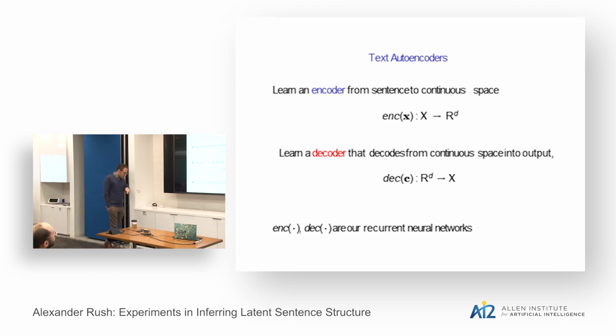OK, so we're going to take a slightly different approach, which is to say, if we could learn an autoencoder for text, if we could learn a way to map from text to continuous space, then we could do all of this work in that continuous space itself.